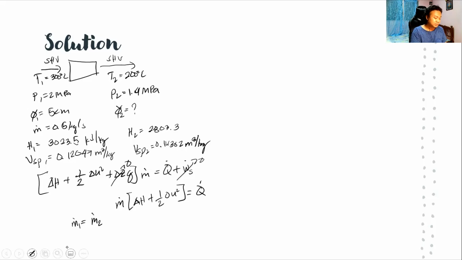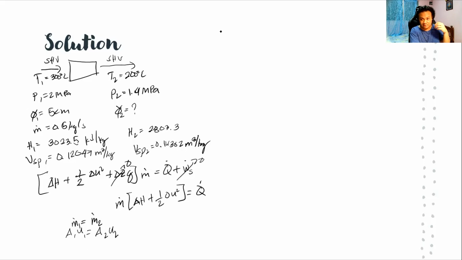We can represent this as A1 U1, that's the area and velocity at the entrance, and then area at the exit, and then velocity at the exit, A2 U2.